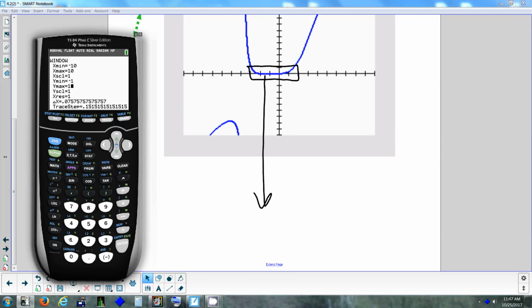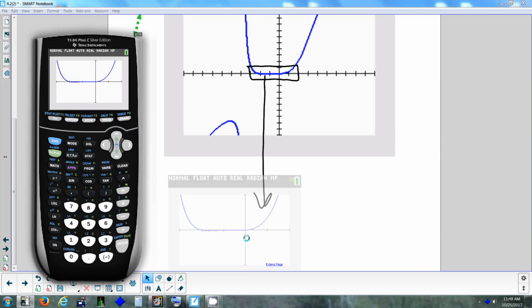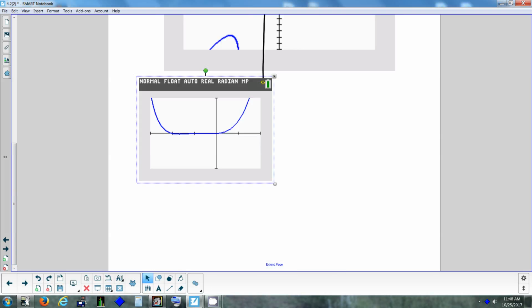And on my x-axis, I'm looking between -3 and 2. See if that shows it a little better. All right, so that is a picture of what's in the box up above.